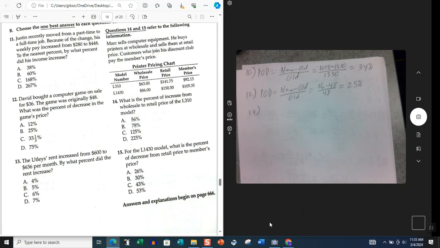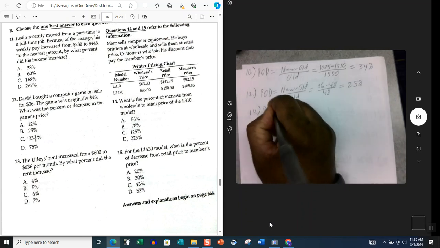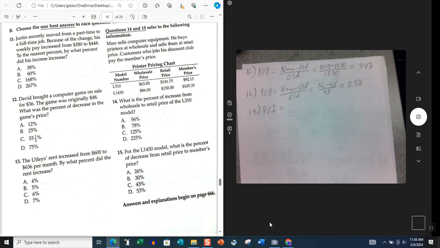Mark sells computer equipment. He buys printers at wholesale and sells them at retail price. Customers who join his discount club pay the members price. So for problem 14, it says, what is the percent of increase from wholesale to retail price of the L310 model? So we have POI, which is percent of increase.